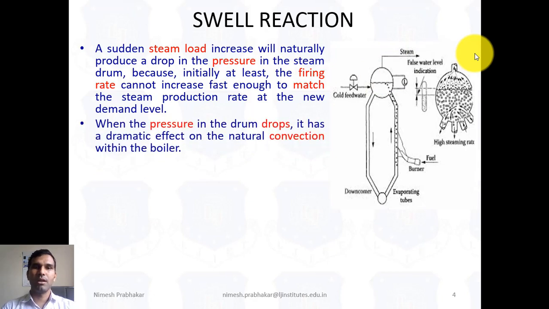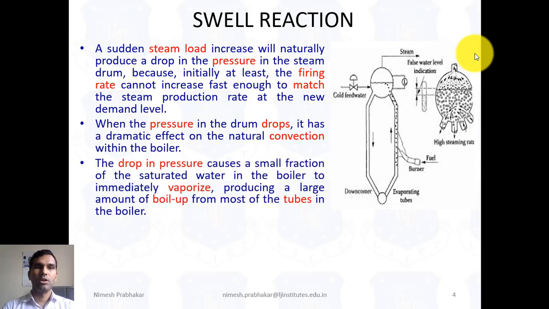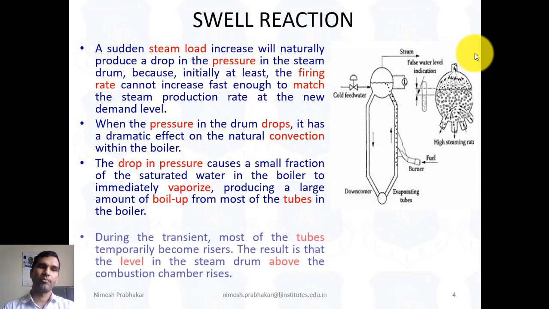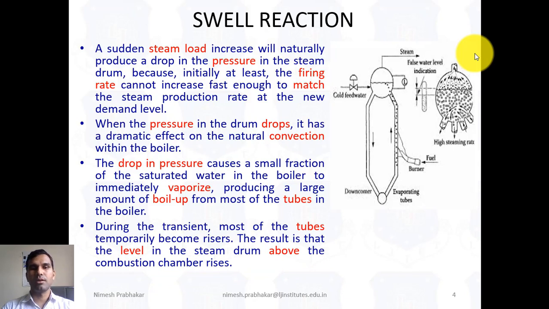When pressure in the drum drops, it has a dramatic effect on the natural convection within the boiler. The drop in pressure causes a small fraction of the saturated water in the boiler to immediately vaporize, producing a large amount of boil-up from most of the tubes in the boiler. During the transient, most of the tubes temporarily become risers.